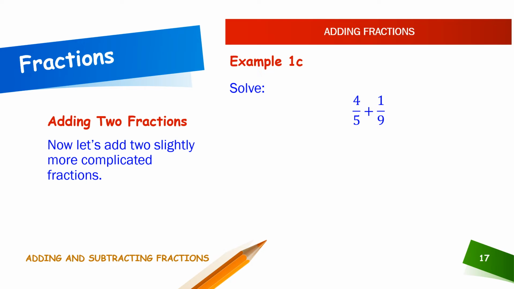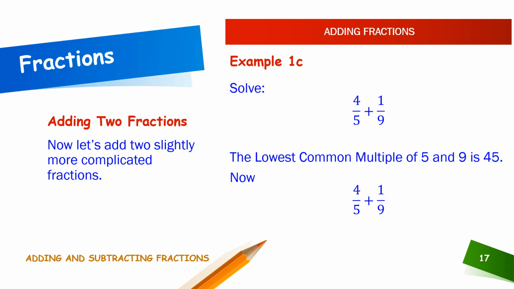Now let's add two different fractions. Again, convert the fractions so the denominators are the same. The denominators are 5 and 9, and the lowest common multiple, or LCM, of 5 and 9 is 45. Multiply the numerator and denominator of 4 out of 5 by the same number 9 to give 4/5, which is equal to 36 out of 45.